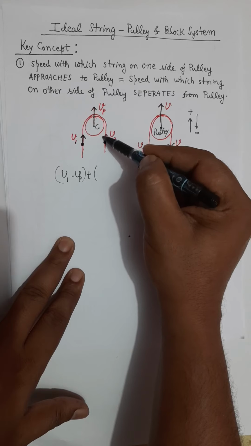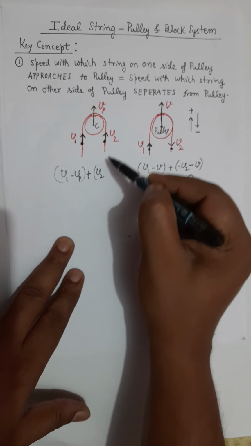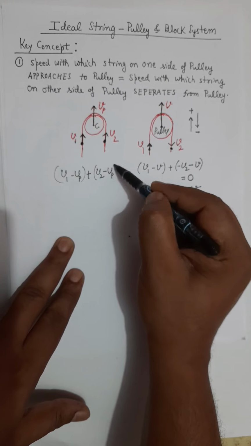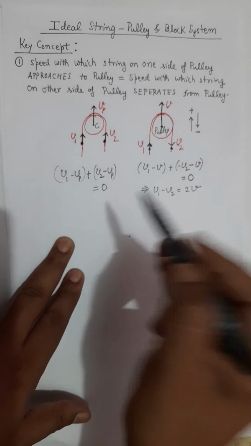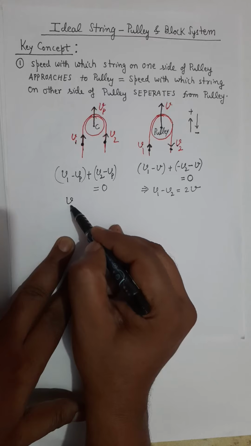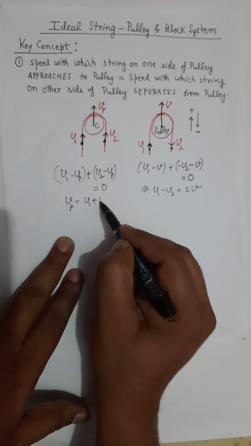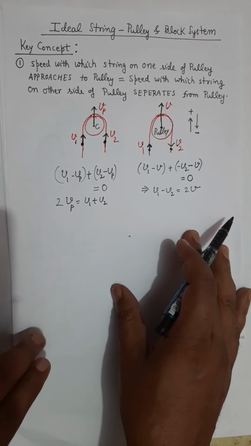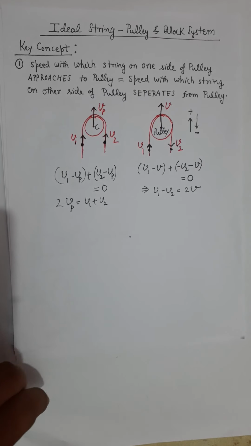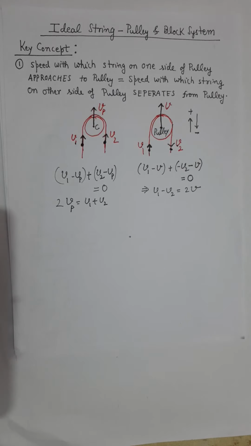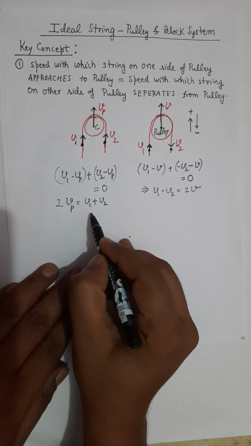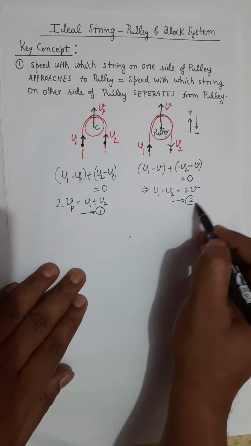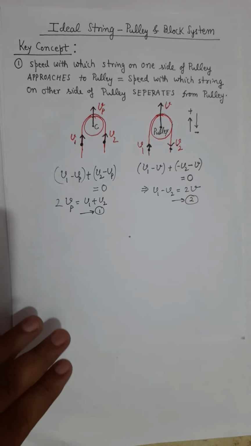This velocity is v2 in the upward direction, and relative to the center it will be v2 minus vp. Simply put it equal to 0, and you get twice of vp equals v1 plus v2. These equations are basically known as constraint equations. And this is a way to find the constraint equation.